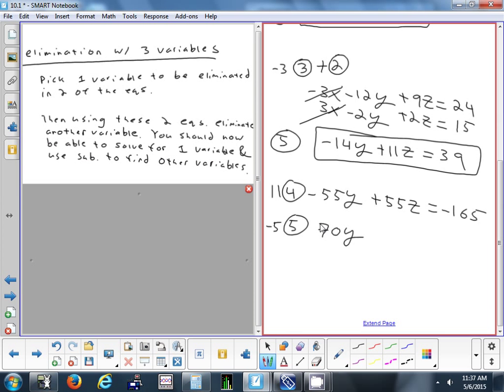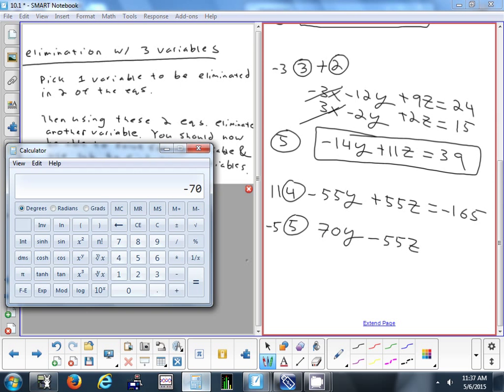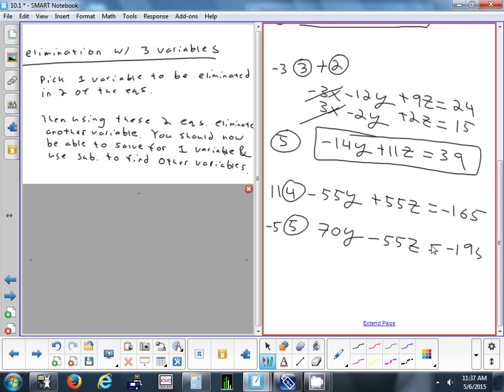I just must have forgot my negative. Okay, so negative times negative, that's positive. Negative 5 times negative 11 is negative 55z. Okay, I like that. That's good. And then the last part, 39 times negative 5. Negative 195. Okay, negative 55 plus 70.